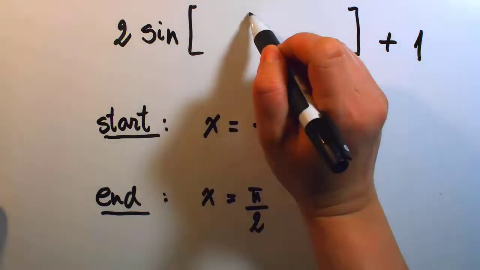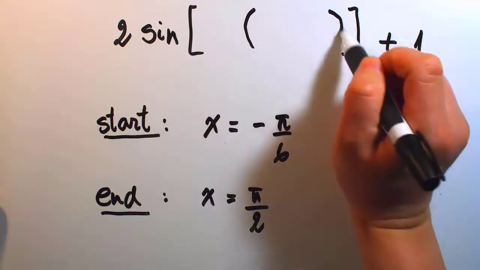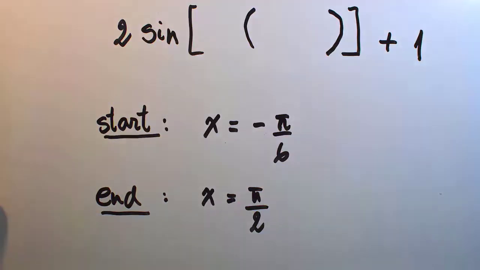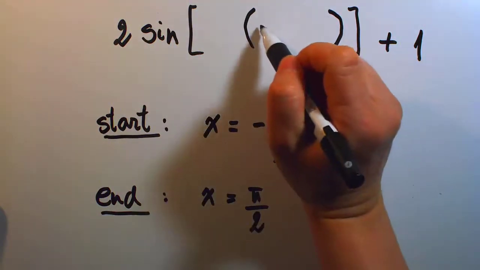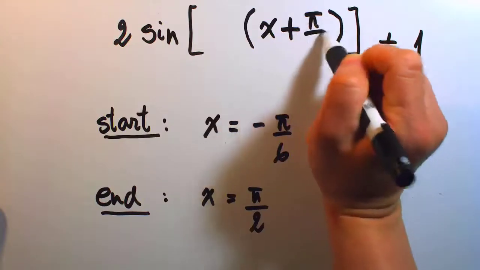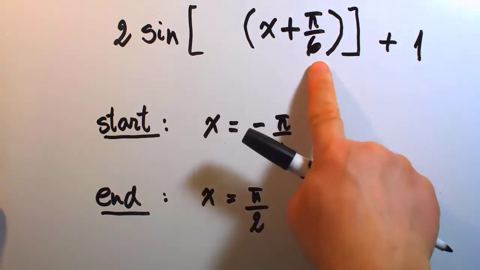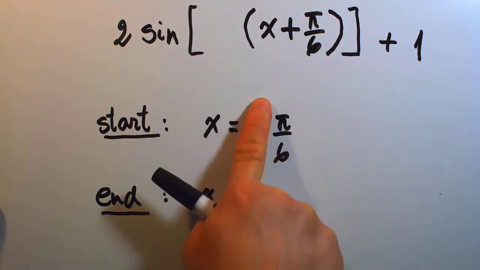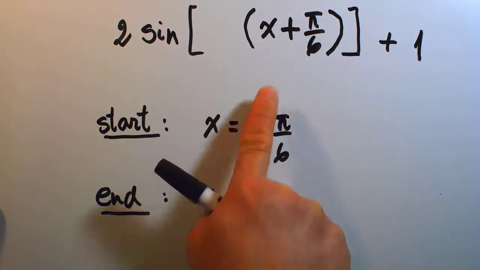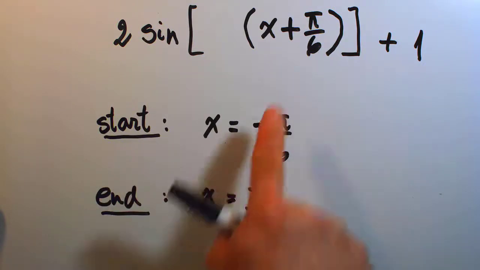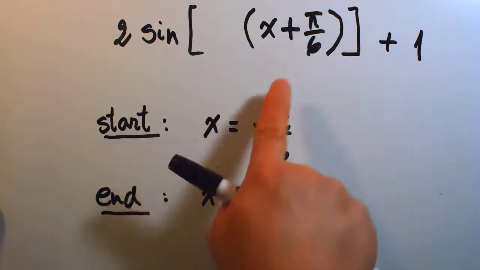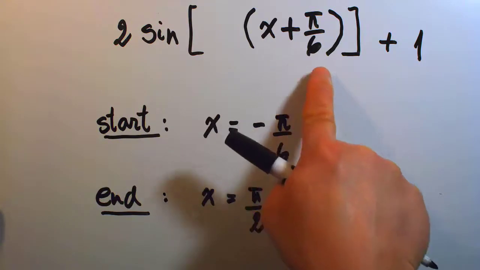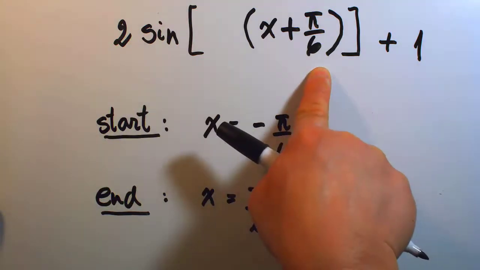We're going to open a pair of parentheses here, and inside here I'm going to need to put x plus pi over 6. So that's the start point. It could be a negative sign here, but we're always going to look at the positive part. If it's a negative sign at the start point, then inside of that linear expression we're going to have x plus the b value.